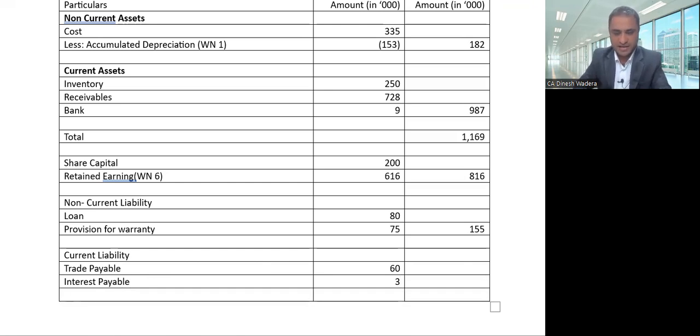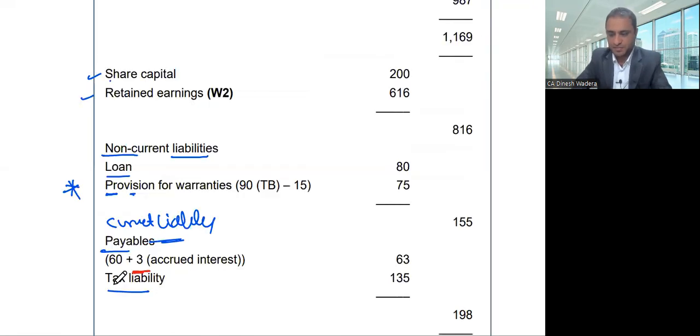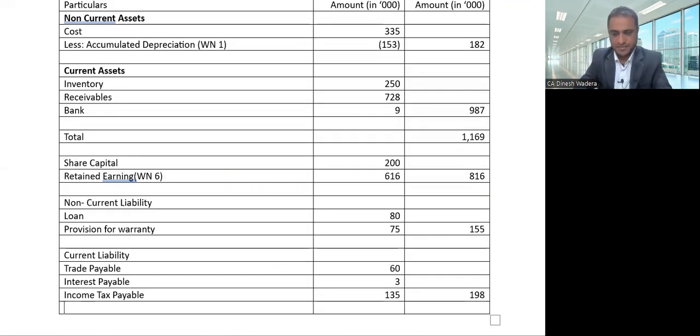You can add it there or here. Income tax payable or provision for income tax 135, which will sum up to 198, and you can have the total of the liability side. 816.